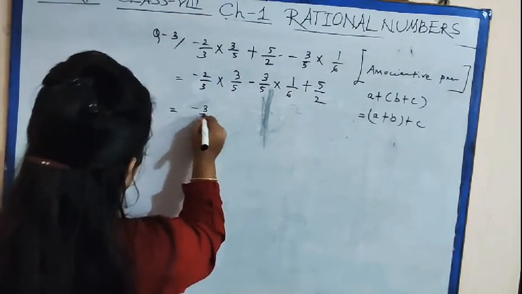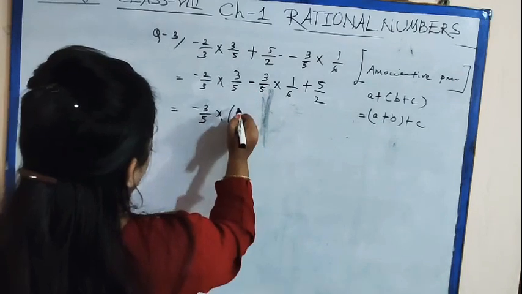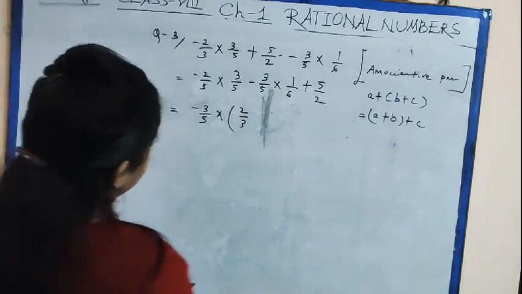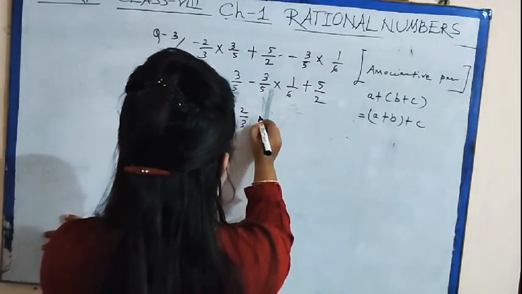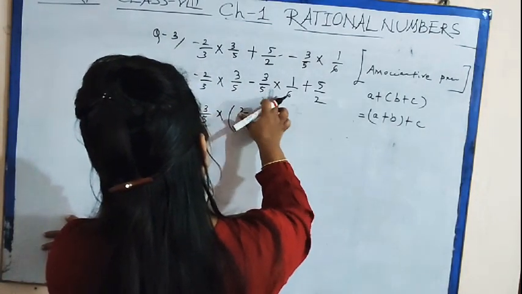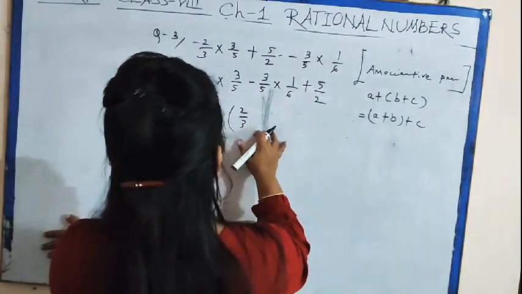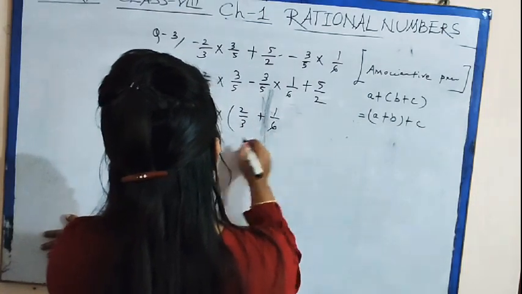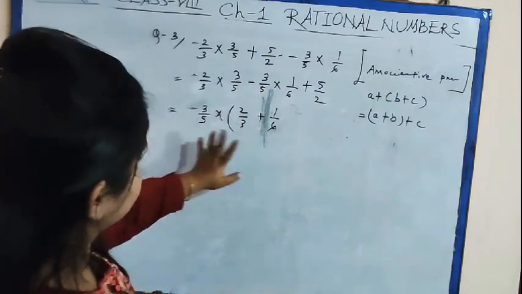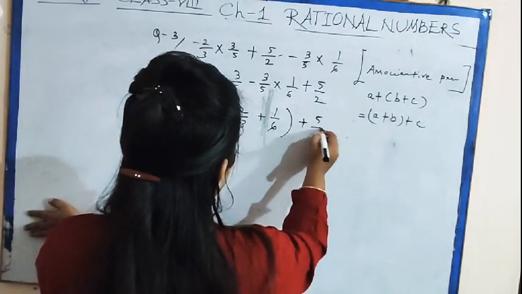The remaining are 2 by 3 and 1 by 6, so plus 1 by 6, because you take the minus common. Then the remaining is 5 by 2.